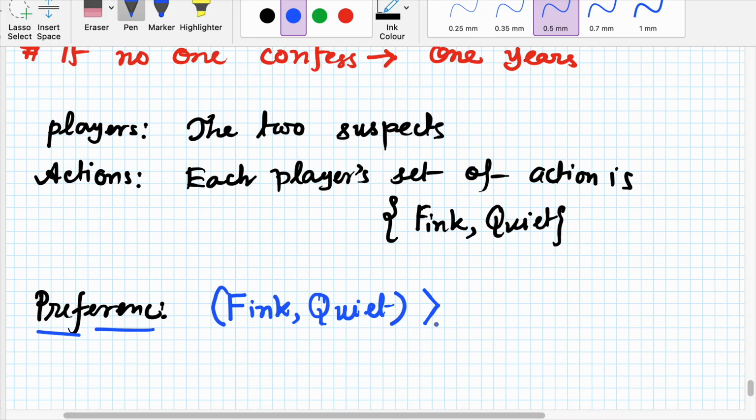Then she will prefer that both remain quiet, because in this situation they will get 1 year of punishment.